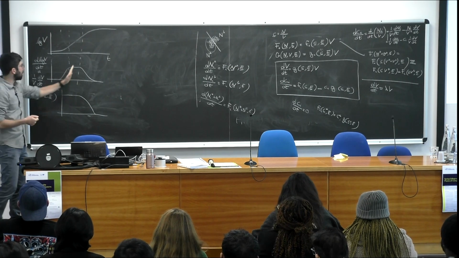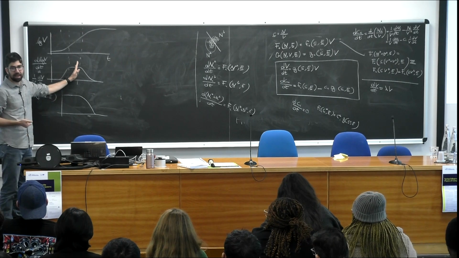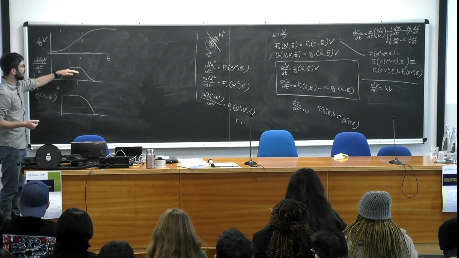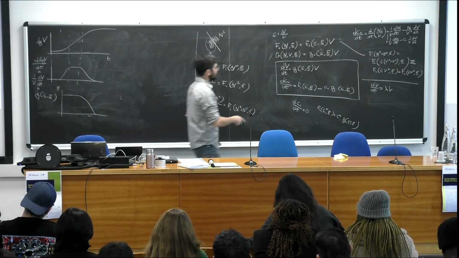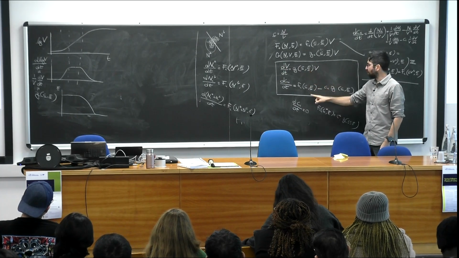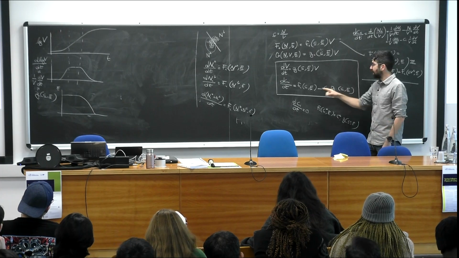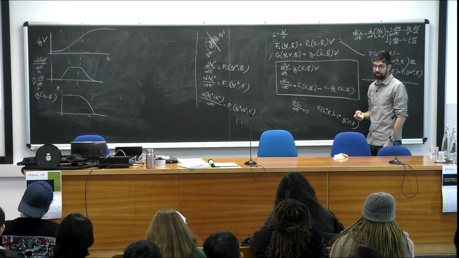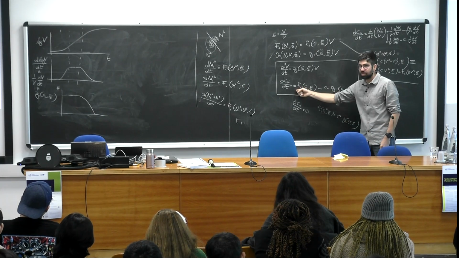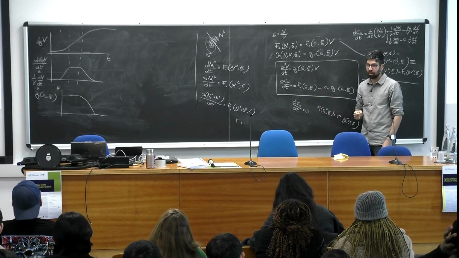If now I'm here and I change something, I increase the temperature, then these external conditions change. So for the new condition, the cell is not anymore at steady state. The concentrations are not anymore at steady state, so the cell has to adapt again.